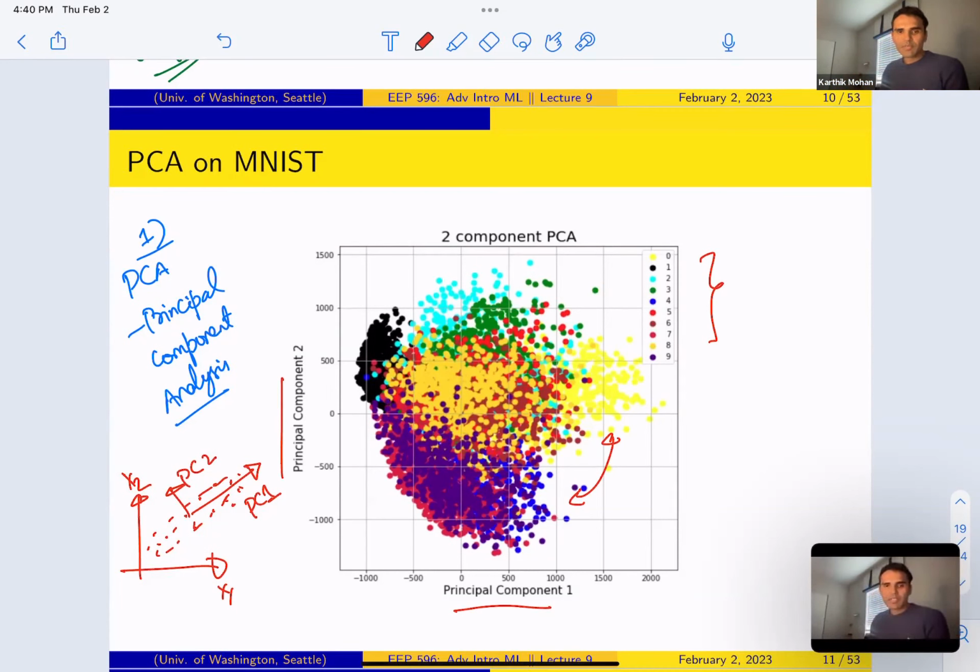There is variance in both the components, but it's not indicative of the kinds of variance you expect, and it's not helping you differentiate these digits, right? So PCA as a method for data visualization is not usually very useful. You can get two principal components, but it's not really helping.